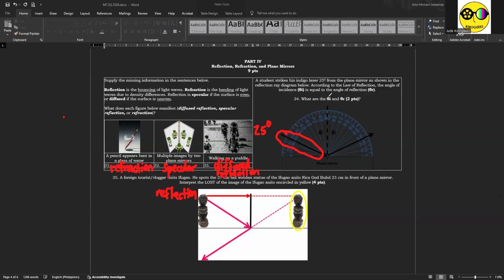That's why the normal line measures 90 degrees. Theta I is actually the angle between the incident ray and the normal line. So to solve for theta I, you subtract 25 from 90, and that will give you 65 degrees. This is your theta I, not 25 degrees.